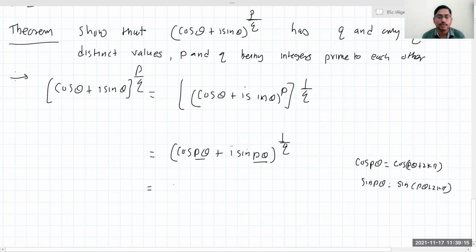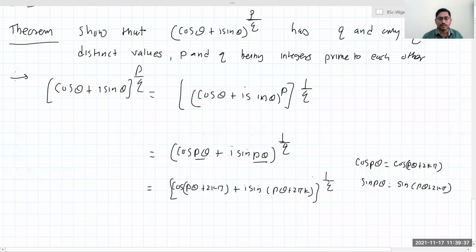So instead of cos, I am writing cos of p theta plus 2k pi, with k running from 0 to q minus 1, plus i sin of p theta plus 2k pi. Now this is the general value of the argument.